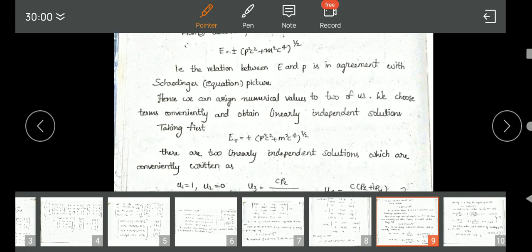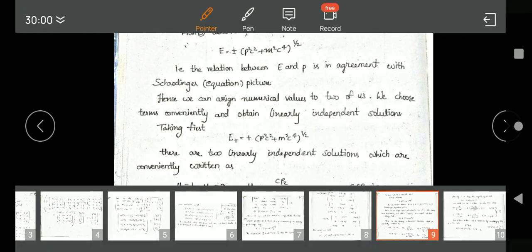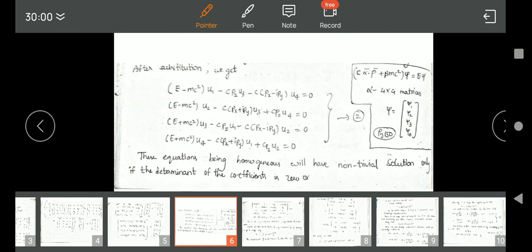Here already one cpz is there, so again cpz, and in the denominator we have E plus mc squared. So cpz into cpz, we would have c squared pz squared over E plus mc squared in the denominator.